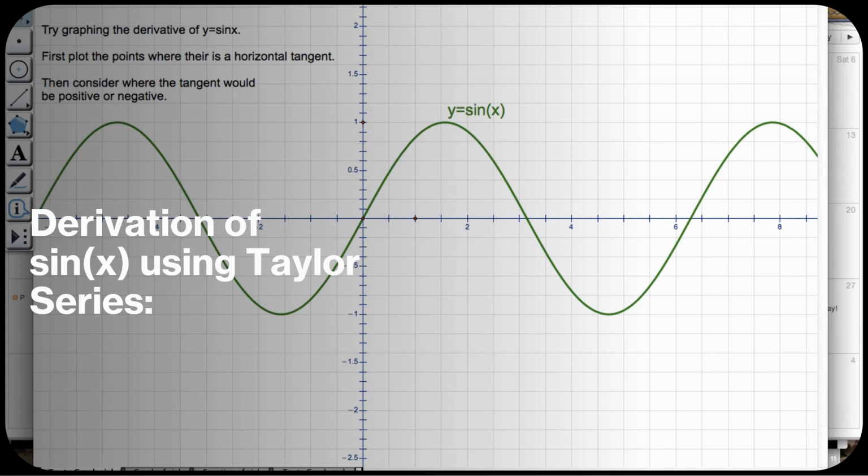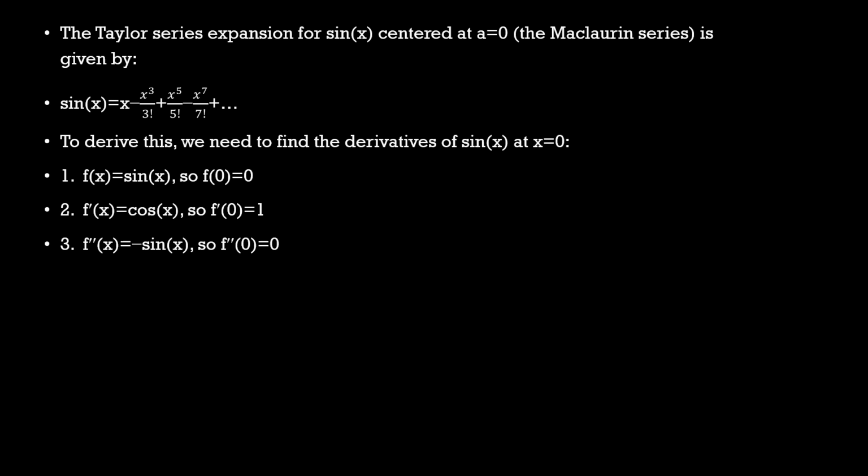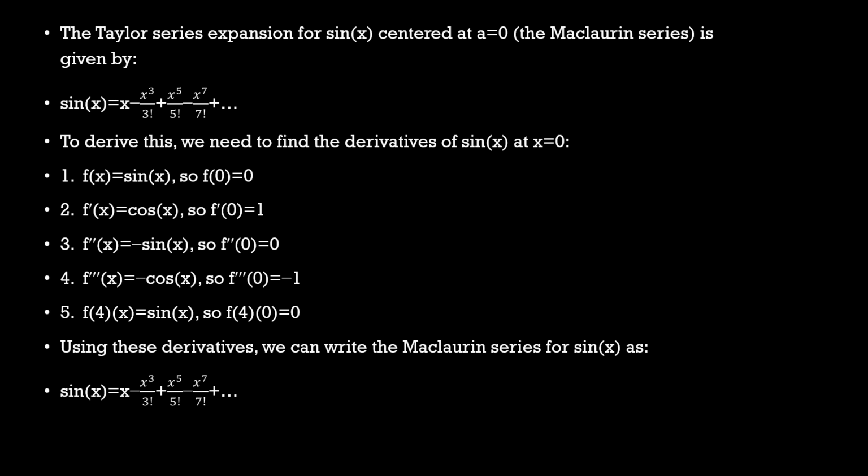Derivation of sin x using Taylor series. The Taylor series expansion of sin x centered at a equals 0 is given by the following. To derive this, we need to find the derivatives of sin x at x equals 0.